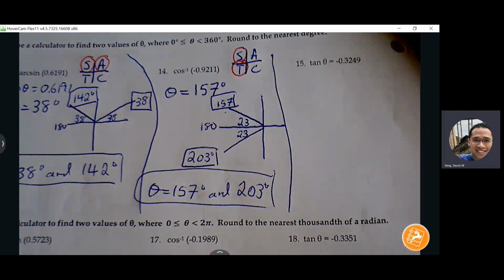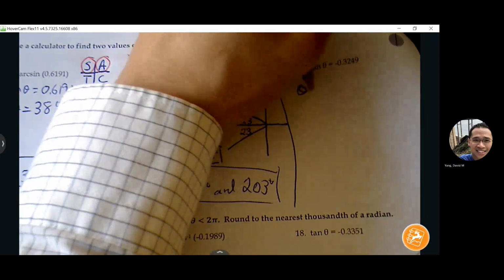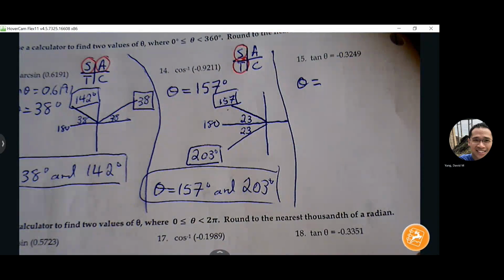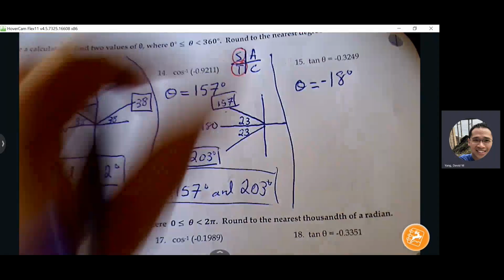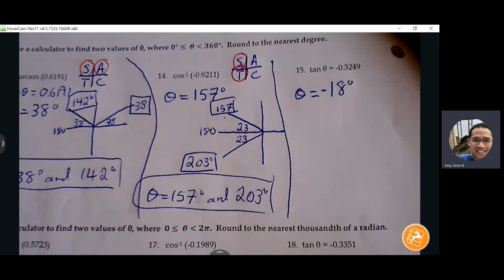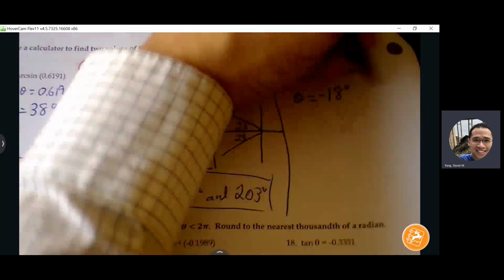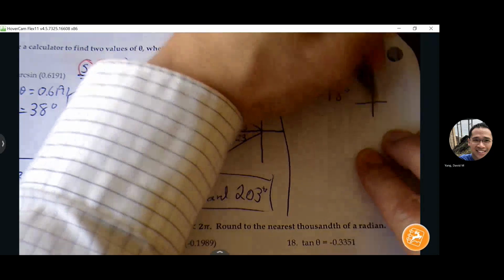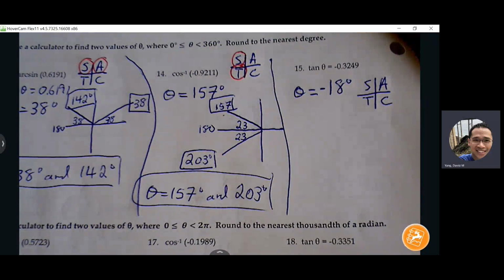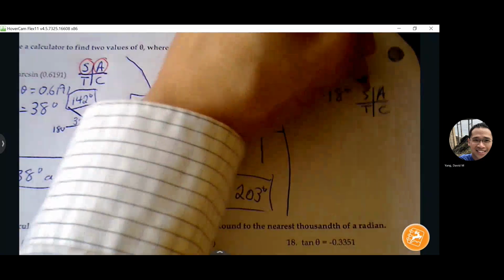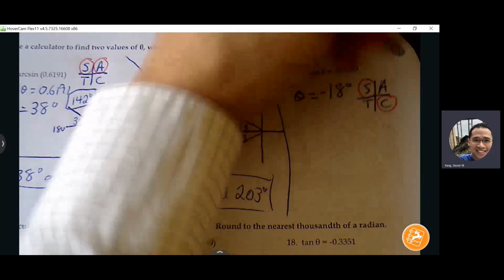Okay, inverse tangent of negative 0.3249. Okay, theta equals negative 18. So here I would ignore the negative. Just focus on the fact that it's 18 degrees and that is your reference angle. Okay, which quadrant are we in? Second and fourth. Okay.